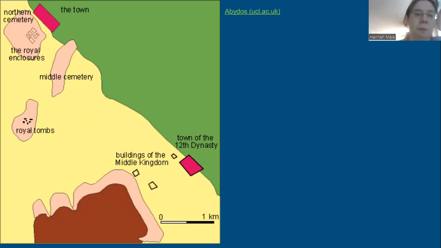That tomb becomes associated or believed to be the tomb of the god Osiris. So Abydos becomes a major pilgrimage site for Egyptians of different social classes as well.